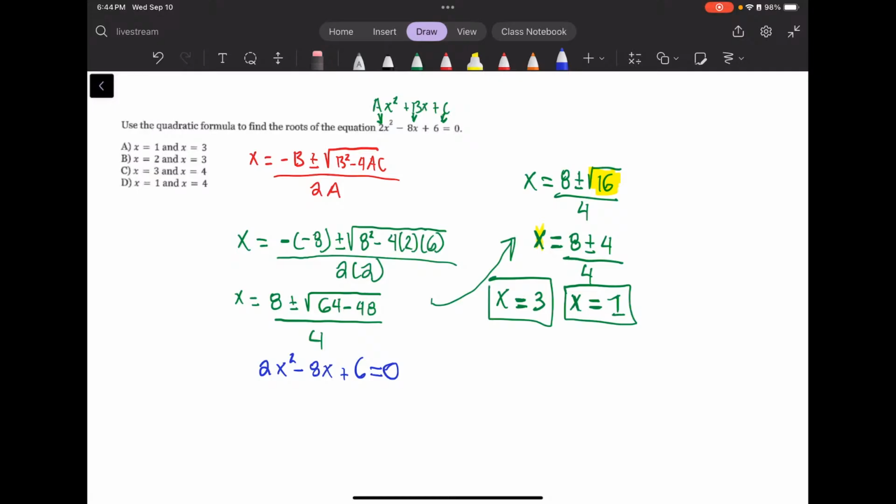And the GCF that we want to pull out is going to be 2. So when we factor out a GCF of 2, we're left with x squared minus 4x plus 3 is equal to 0. And now we just want to focus on what is inside of the parentheses to finish factoring the problem.